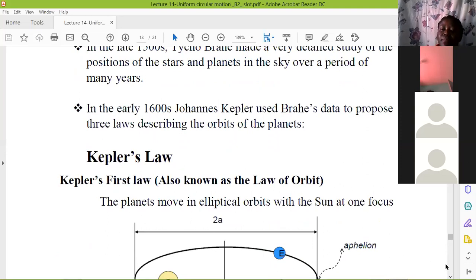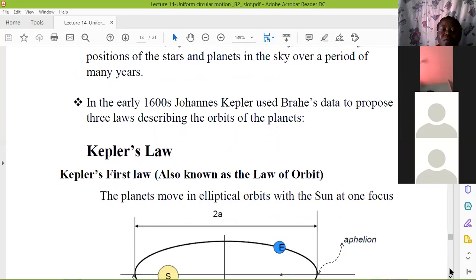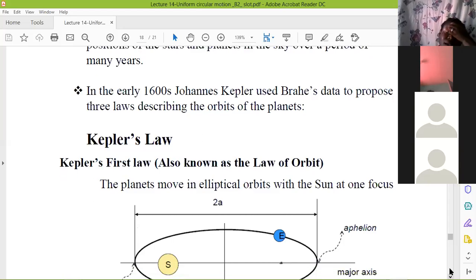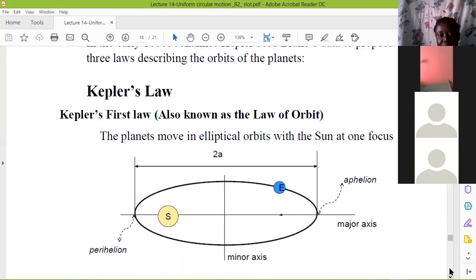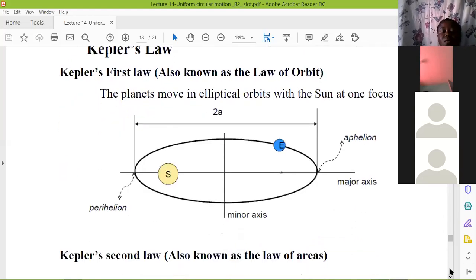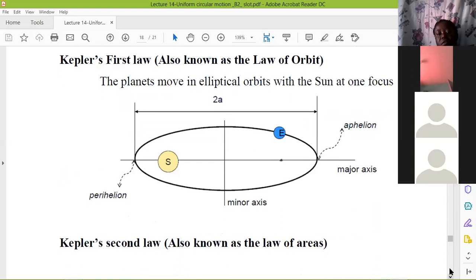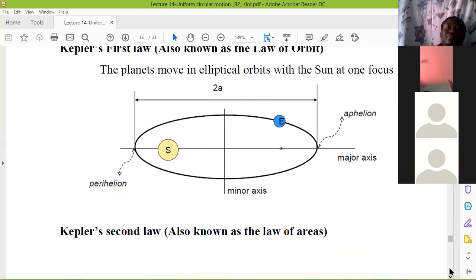Okay, and then Kepler came in. The man called Johannes Kepler used that data and proposed the three laws of the orbits of the planets. The first law is also called the law of orbits. He said that the planets move in elliptical orbits.